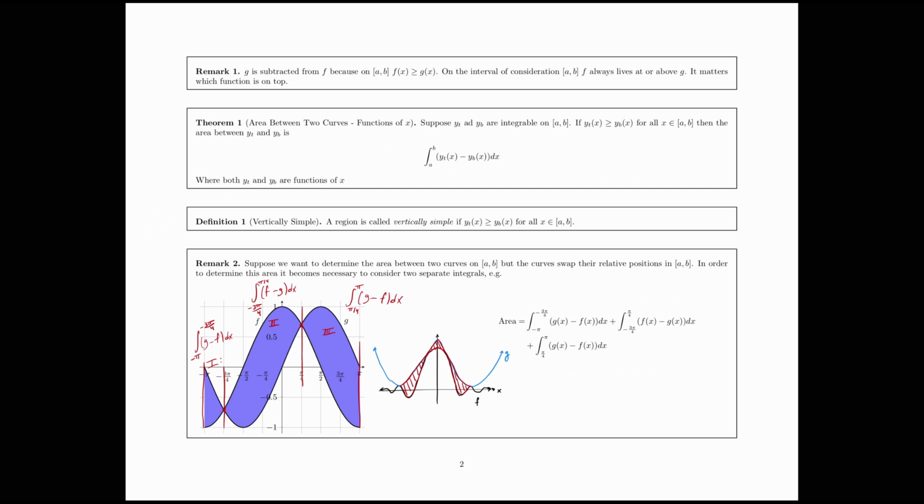Because although they touch, they never actually swap who's above the other. They stay the order that they are. They might meet, but then they go back to where they were, one above the other.